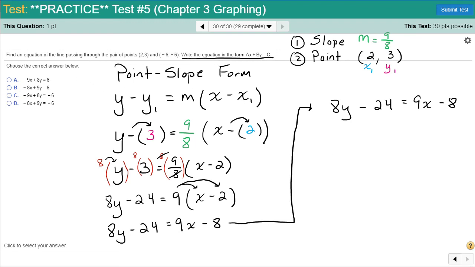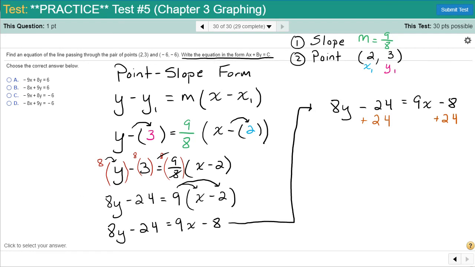So first things first, we can go ahead and add, how about 24 to both sides? And when we add 24 to both sides, and you know what?